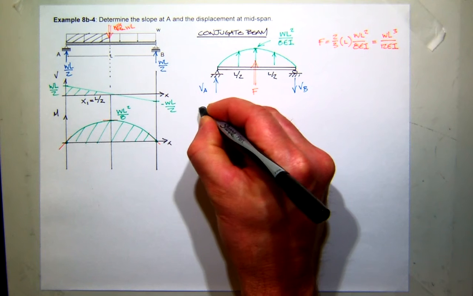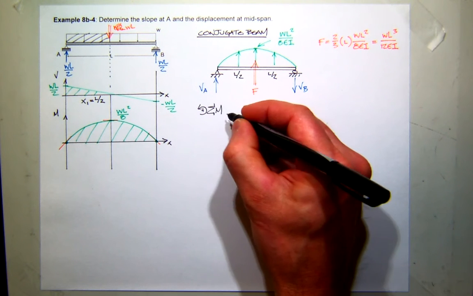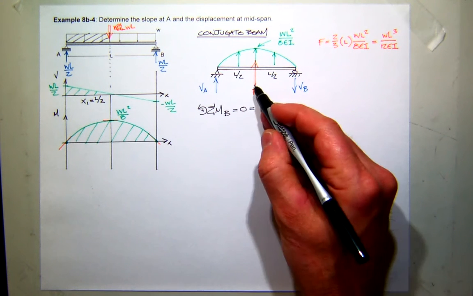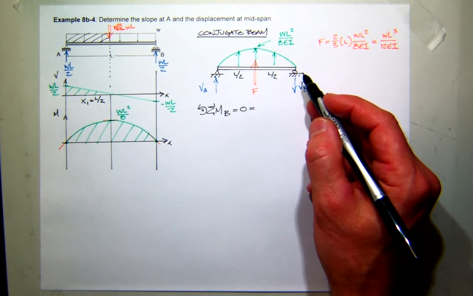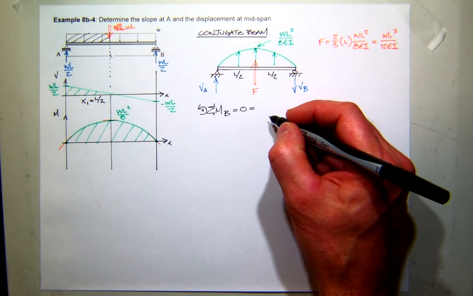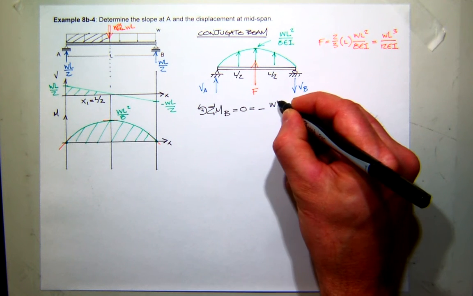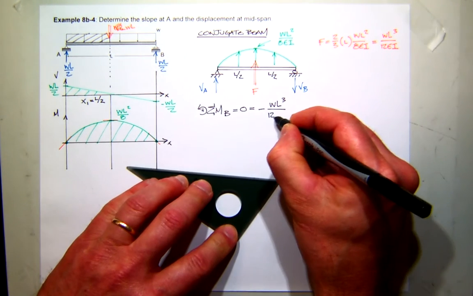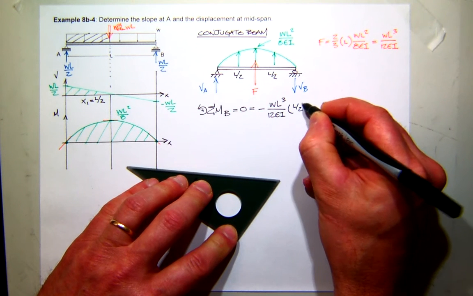So if I sum moments about B, to make sure it's in equilibrium, my equivalent force about B is creating what kind of moment? Positive or negative? Negative, right? So I got minus WL cubed over 12 EI, moment arm L over 2.